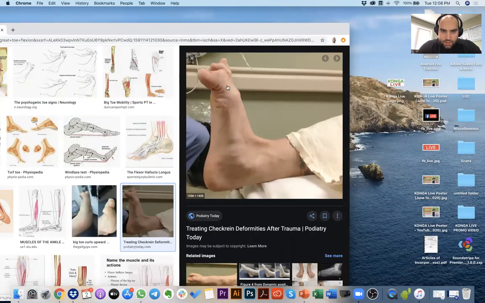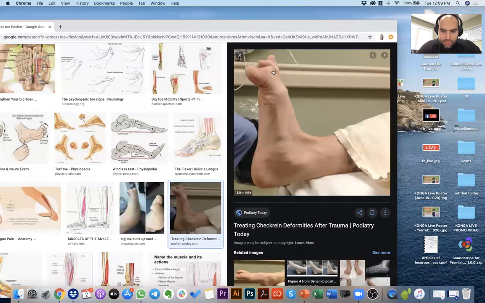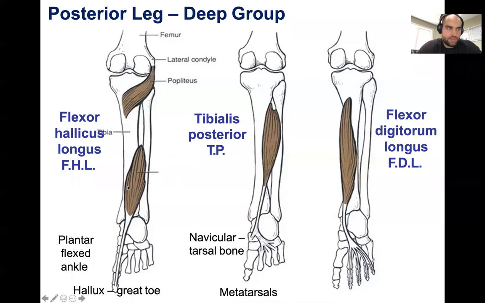So that's bringing your toe down. Now, this is a deformity where it looks like they may have destroyed their extensor tendon. But in any case, when you bend your toe forward like that, that's toe flexion, okay, guys? So that's what this muscle does.